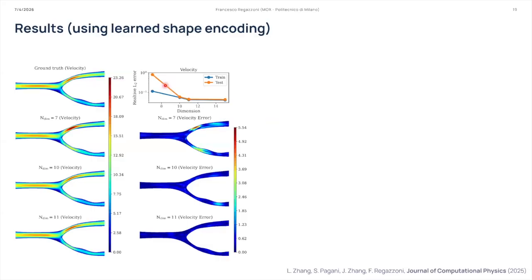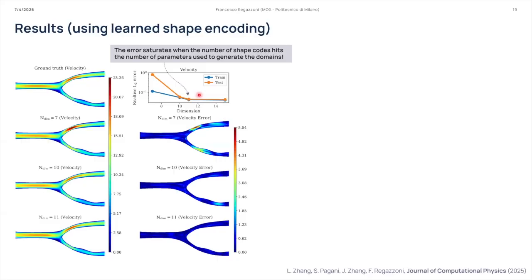What happens instead by using learned shapecodes? So shapecodes learned by means of the deep SDF architecture. So you can see that by increasing the dimension of the latent codes, we can get more and more accurate results. And the accuracy saturates when we hit 11. And by the way, 11 is exactly the number of parameters that we used to generate the synthetic geometries.